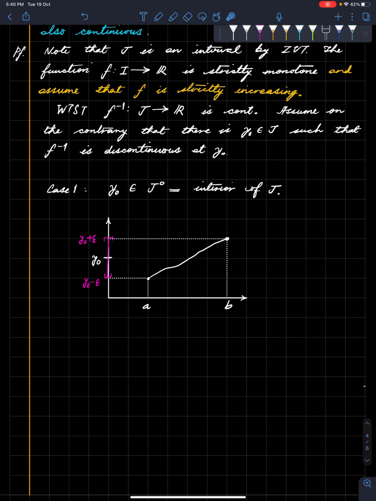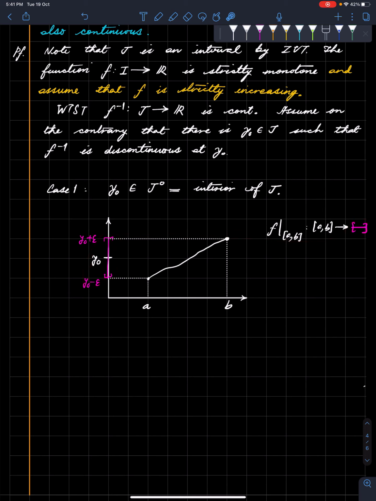Now just restrict your attention to this closed interval. We have f taking this closed interval to that closed interval in a bijective fashion. And f is continuous, so when you restrict it to this closed interval, it is again a continuous function. So we have this continuous function f restricted to [a, b], going from [a, b] to this pink interval.